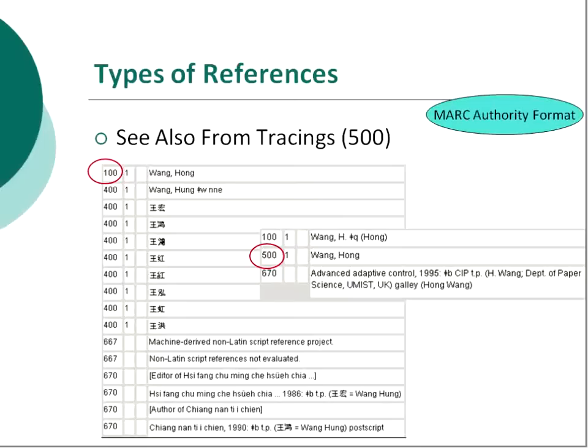You notice that the two authors share the same romanization of their names, and there isn't any information to help differentiate the same form between the 100 and earlier, which was the 400, and in that case, this previous 400 reference would need to become a 500. So this is another situation where the 500 field C reference is used.